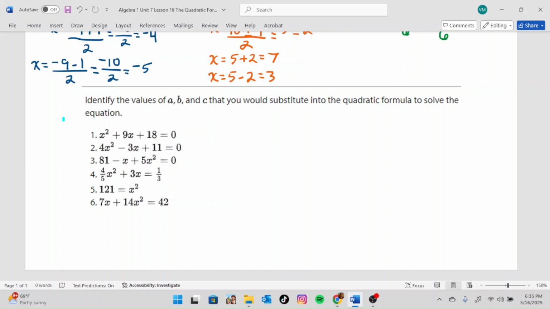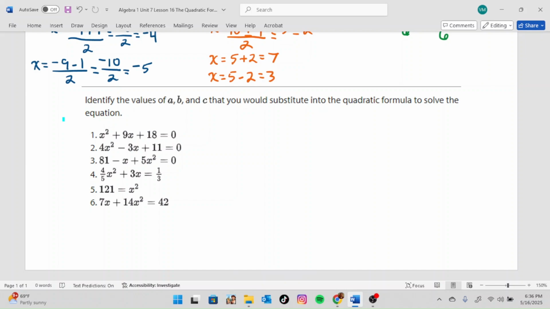If you look at number 3, in number 4, we have the constant term on the right side, so we're going to need to move that to the left side so that it is set equal to 0. We're going to need to move the 121 in number 5 so that it is set equal to 0. And in number 6, we're going to have to move that 42 so that it is equal to 0.